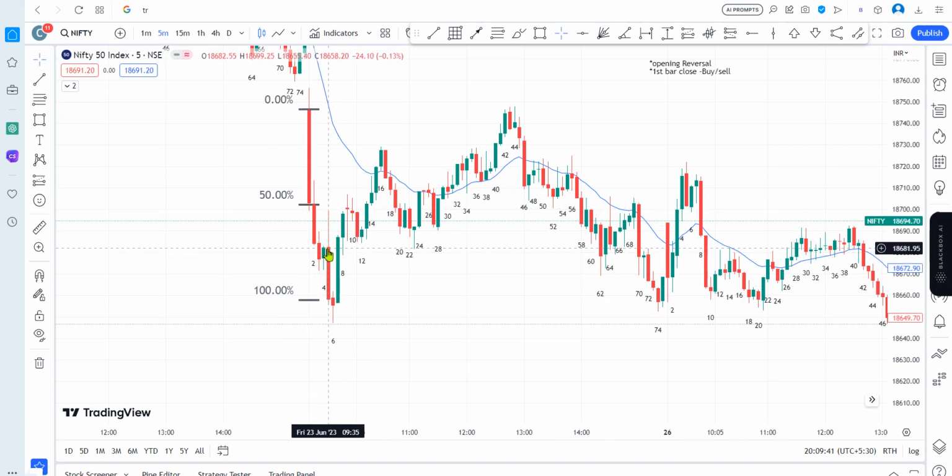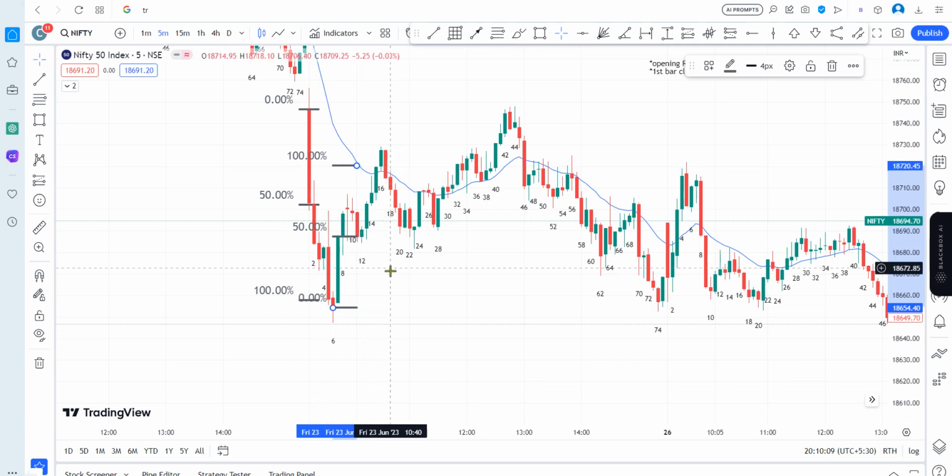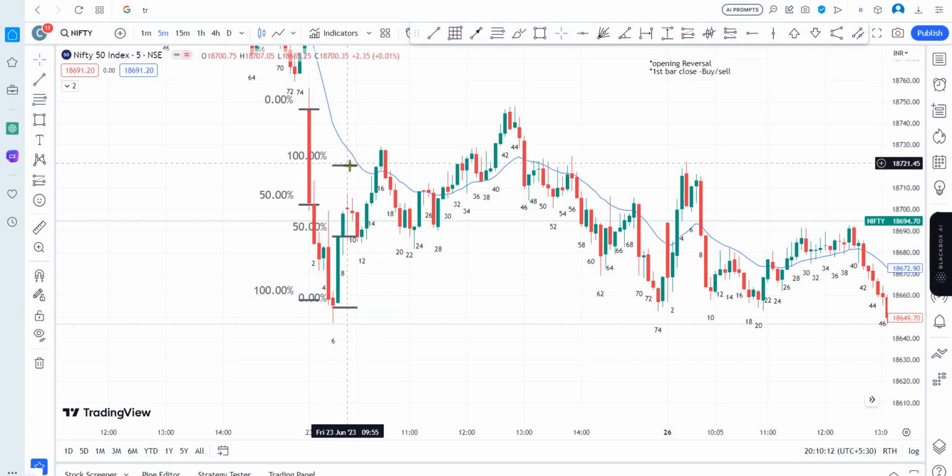If anyone bought here, they can again scale in at the seventh bar, which is a good looking bull bar, so it acts as a reversal candle. Even if anyone has not entered anywhere here, they can go in at the seventh bar and go for a channel or at least a measured move. So if you see here, it can achieve the measured move.